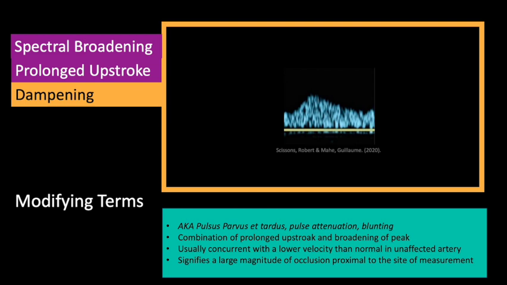And the logic for this holds up here as well, as significantly obstructed flow, such as that seen in severe aortic stenosis and near occlusion of vessels that greatly reduce the magnitude of flow, results not only in a prolonged upstroke and spectral broadening, but also in a shorter or weaker velocity than typically seen in the same vessel of a healthy patient. So that Latin phrase parvus et tardus means weak and late, which certainly describes what we see in this pattern.